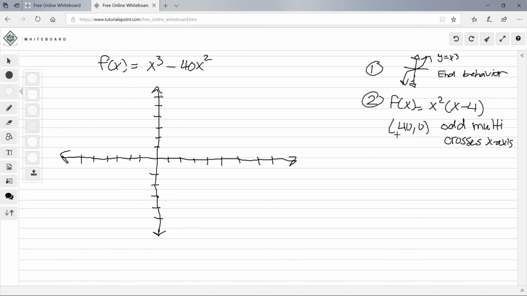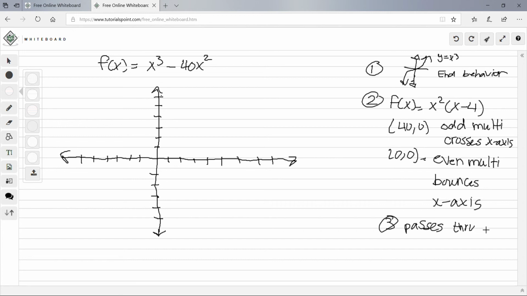Our other x-intercept is (0, 0), and it's an even multiplicity, so it bounces on the x-axis. It passes through the origin, so no y-intercept.